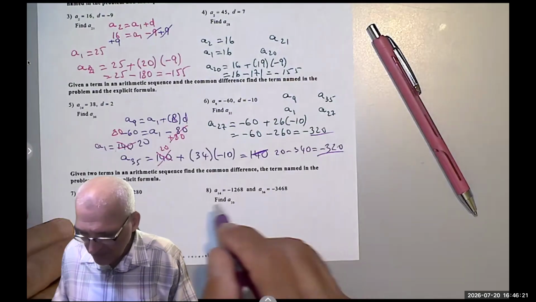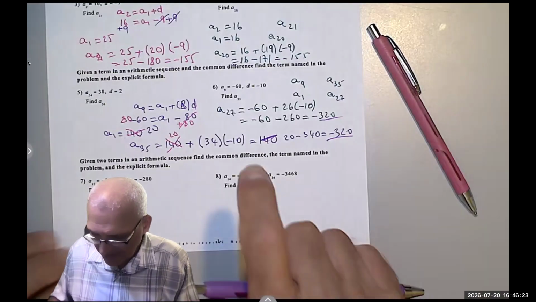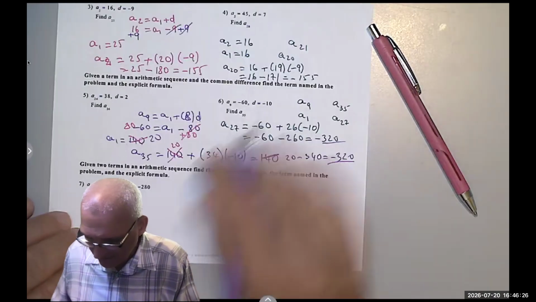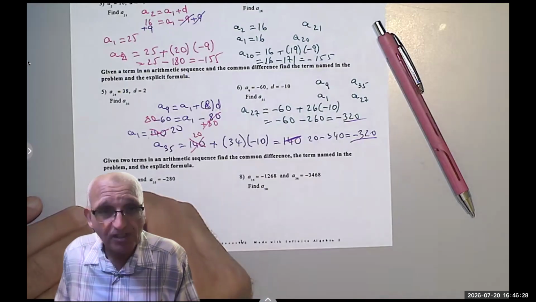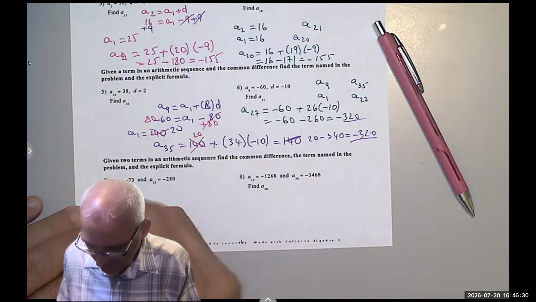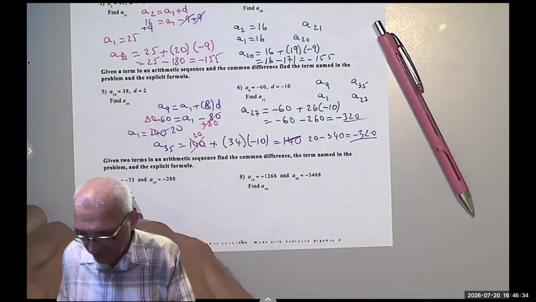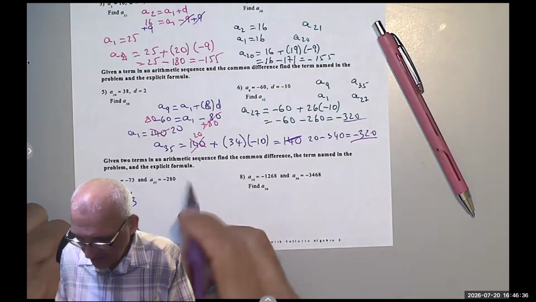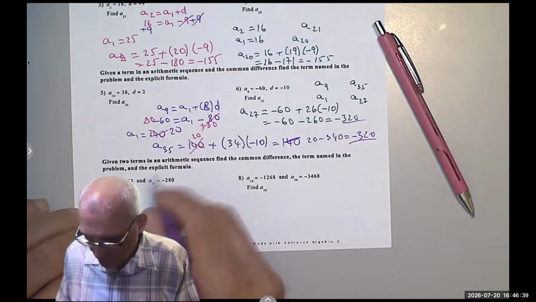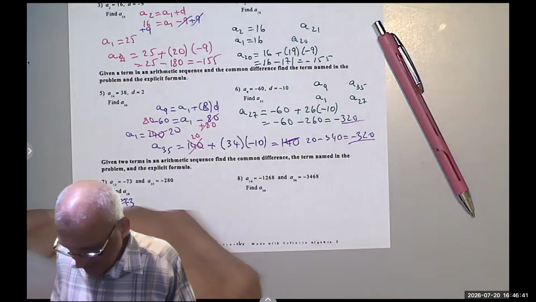We did the one on the right, so let's do the one on the left. They give me a sub 12. So I'm going to subtract 11. So I say a sub 1 is negative 73. Oh, they give me these two. Okay, I'm sorry.